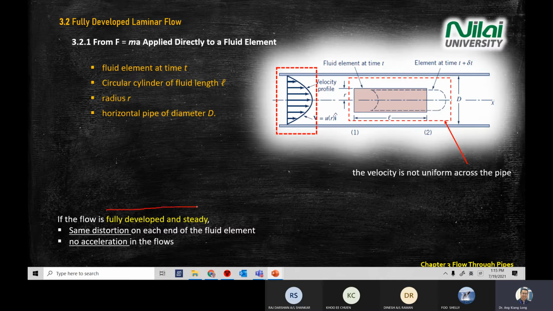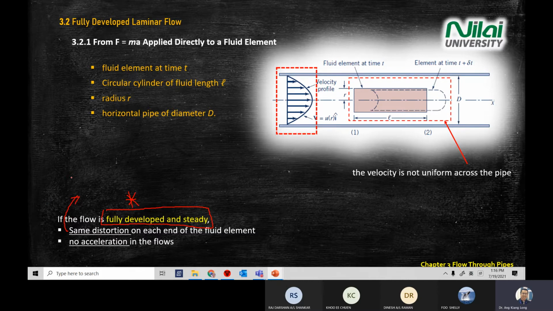So one thing about fully developed and steady condition, this will be a key point or keyword inside the problem statement or inside the question. If you see that you're having a fully developed flow, what does it mean? It means same distortion of each end of the fluid element, means they change the same orientation.